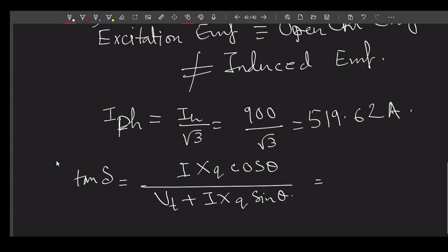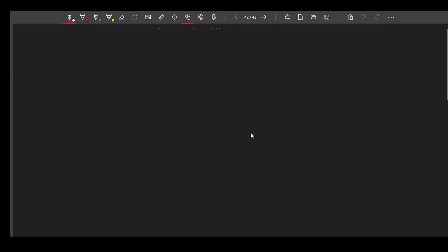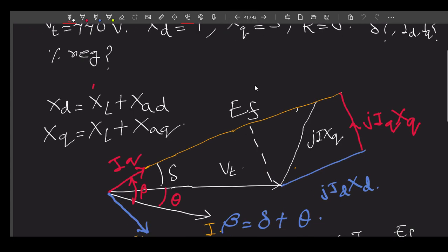Actually, where is this relation coming from? From this diagram only. If you consider this triangle, then you will see what this height is. We can prove that this is 90 degree, so this will be 90 minus delta.